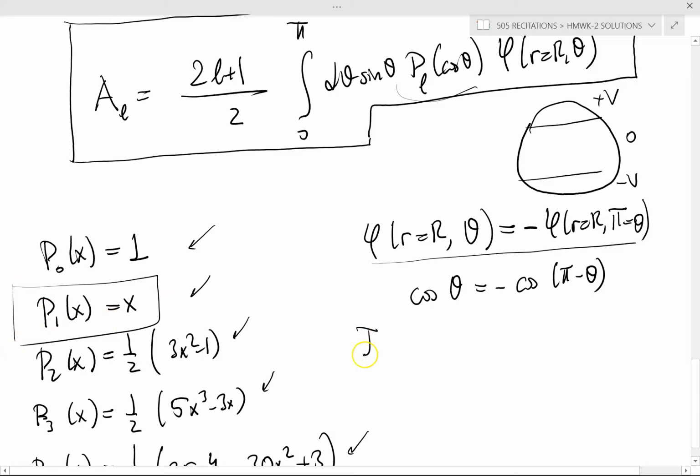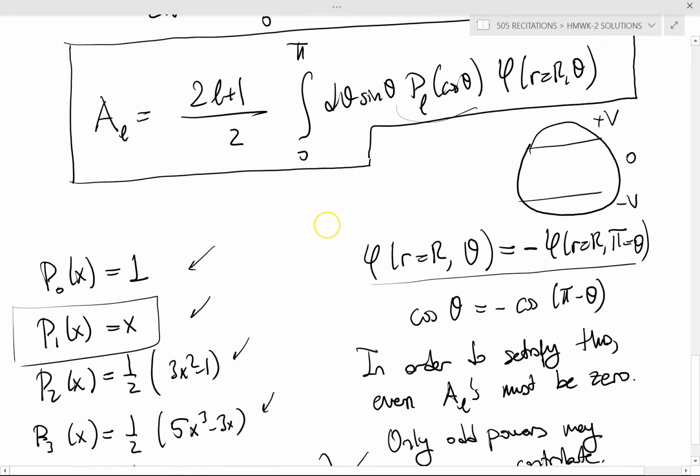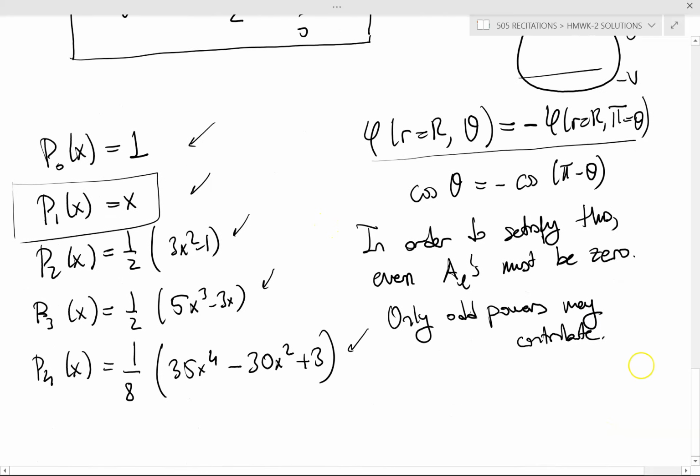So the even ones, everything else, must be 0. Only odd powers may contribute. That was one of our concerns for the moment. Are we done?